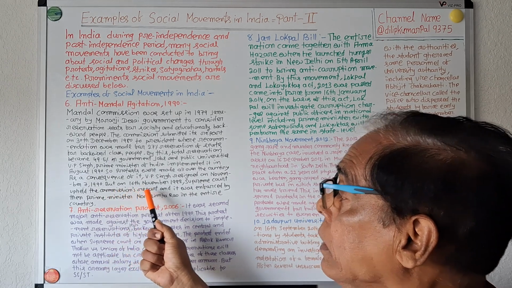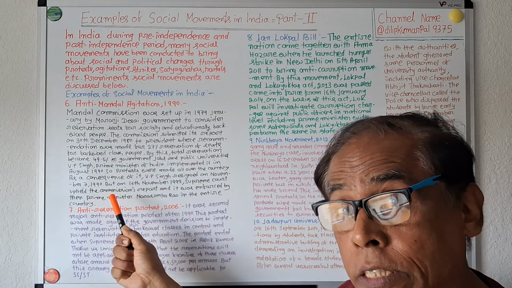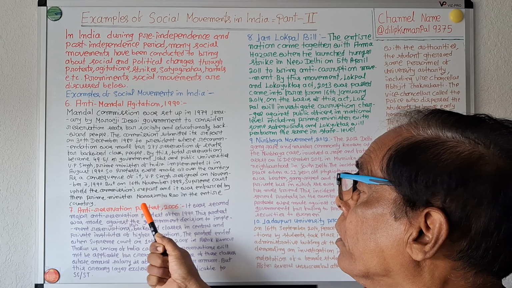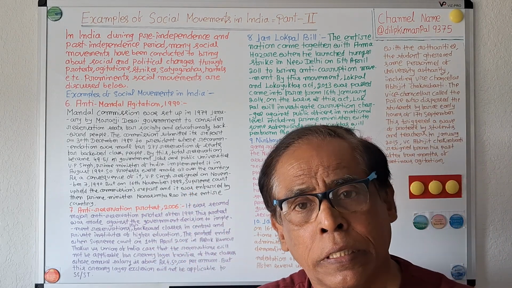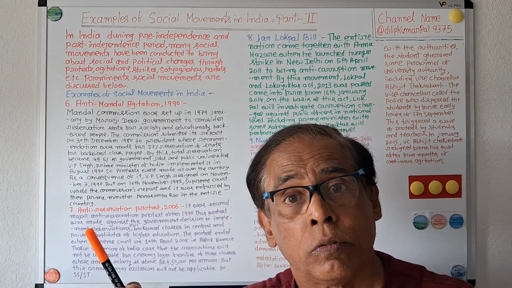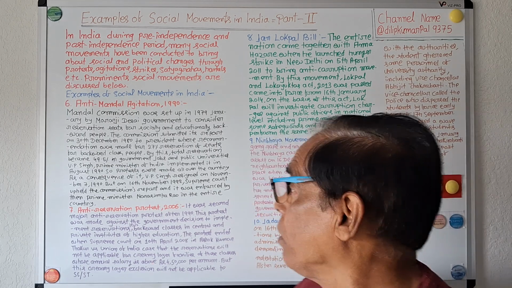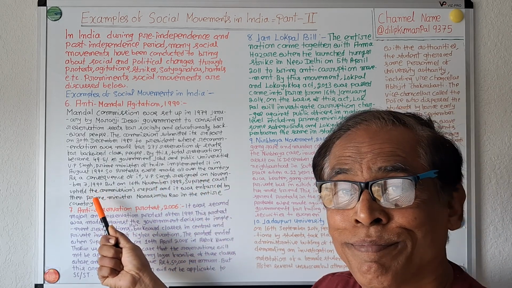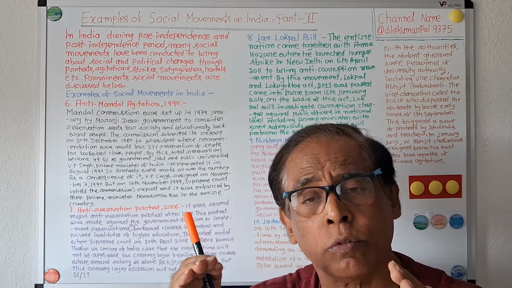He had enforced the report, and when protests became severe, he resigned. When VP Singh resigned, the protests stopped.